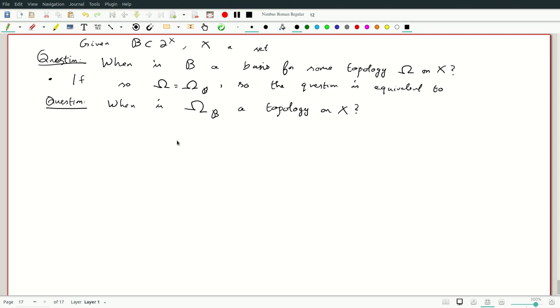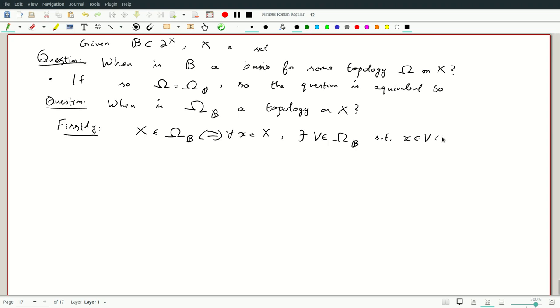Well, there are a couple of conditions. First of all, a simple condition is that X itself is in omega B if and only if for all x in X there exists V in omega B such that x belongs to V. It is contained in X is redundant.